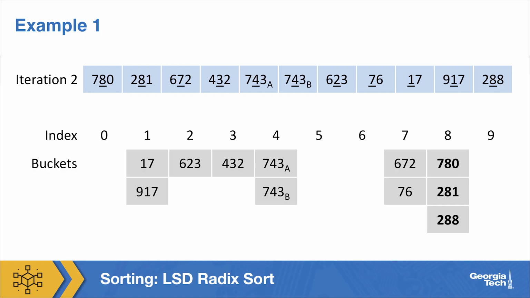The values in the 8 bucket are sorted in order by the ones place, with 80, 81, and 88.